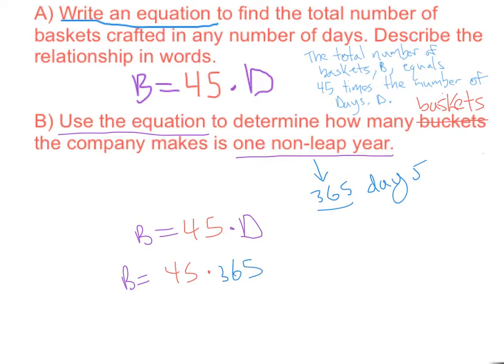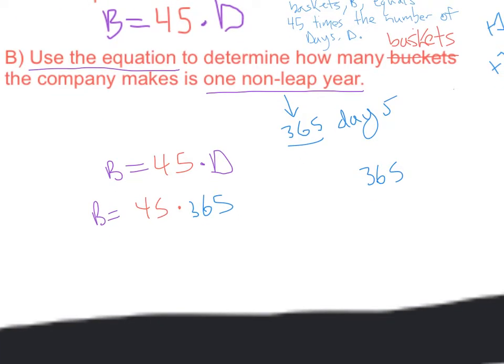365. Let's do that math over here. 365 times 45. Alright, carry the 3. Okay, jump down. 2 again. Add it all up.